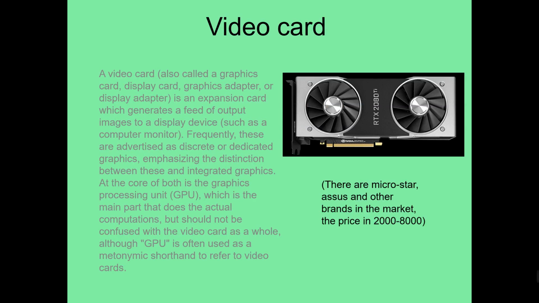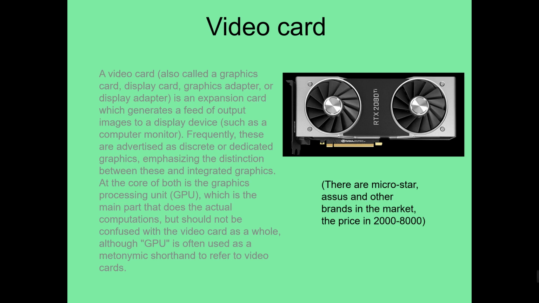Graphics quality. This advantage as described for graphics. Imagine the difference between this and integrated graphics. At the core of a graphics card is the graphics processing unit, which is the main part that does the actual computations, but should not be confused with the video card as a whole.